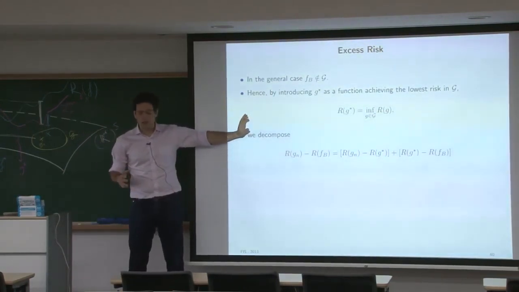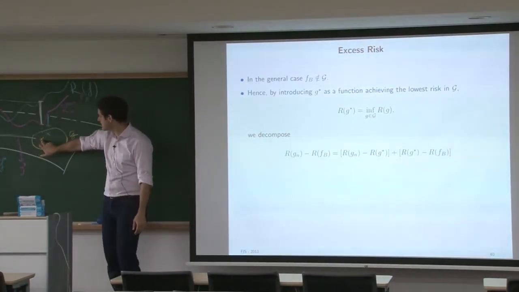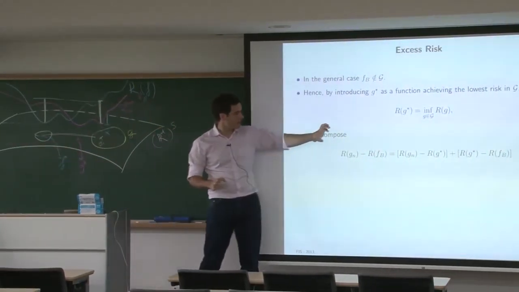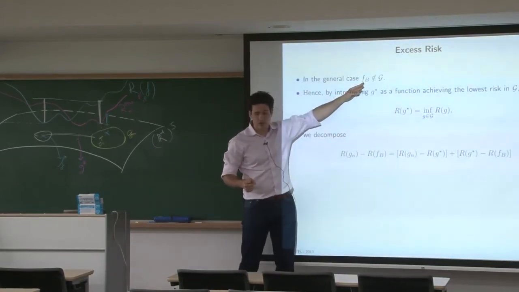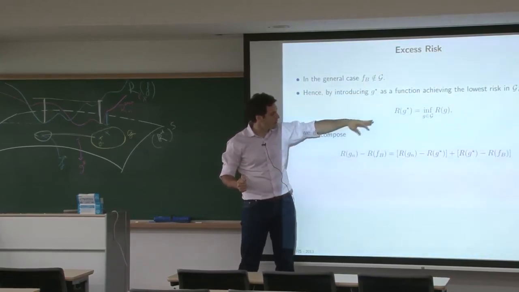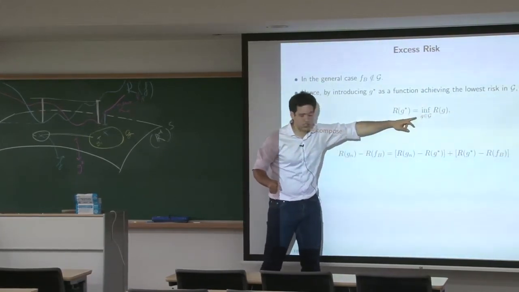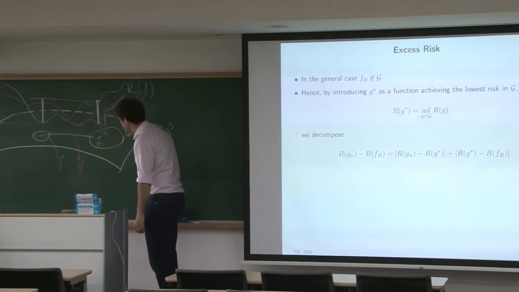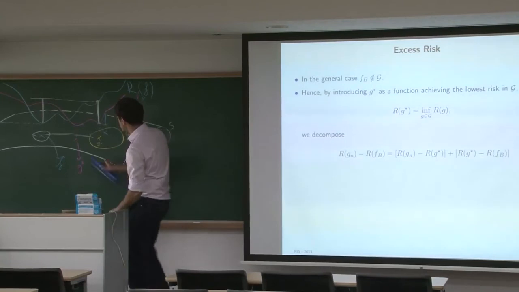So what people usually do is that they split the gap between this and this by simply saying that instead of focusing only on the base function, the base decision, we might instead focus on the best function in the function class G, which minimizes the risk. So in this case, this would be the G star, sorry, this is a different G star.